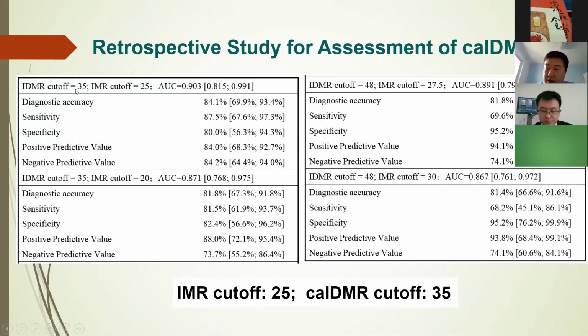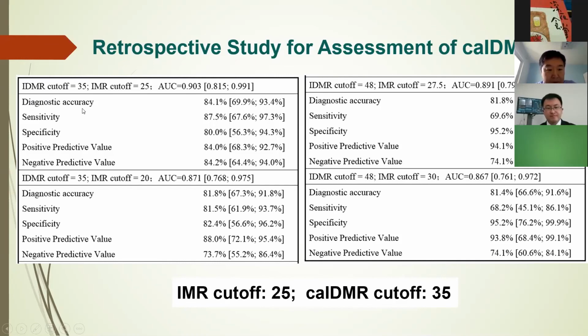Because for the IMR there is still no good cutoff value to estimate microvascular resistance. Some doctors, for example Dr. Lee from Korea, emphasized the cutoff value may be 26. Other doctors, like Dr. Freeman, think the cutoff value is 30 or 35. So we used different cutoffs and, based on the AUC value, determined the CA-IDMR cutoff value.